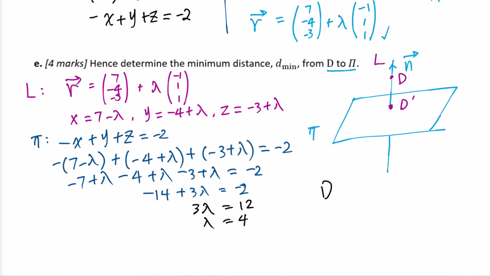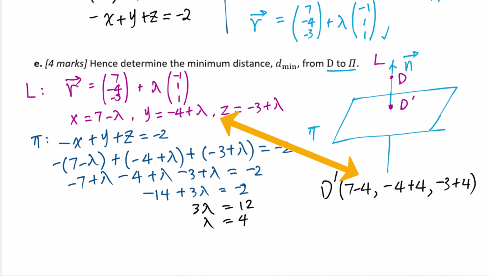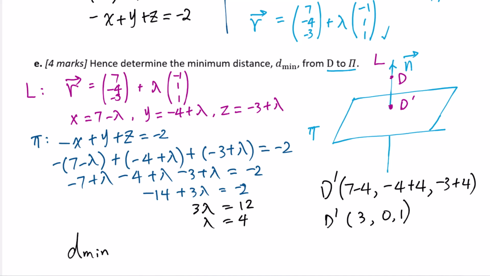So the coordinate of D prime equals 7 minus 4, -4 plus 4, -3 plus 4, which is 3, 0, 1. The minimum distance equals the distance between D and D prime. Coordinate of D is 7, -4, -3. D prime is 3, 0, 1.